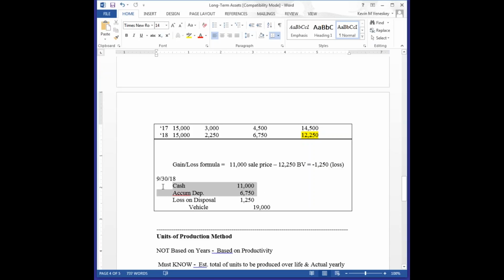Or we could look at it and say, hey, if you add up my debits, they don't equal my credits. My debits only equal $17,750. That doesn't equal my credit, so I know that I still have $1,250 missing, which happens to be the loss. And remember, losses are just like expenses. They're always a debit. They take money away from our income.